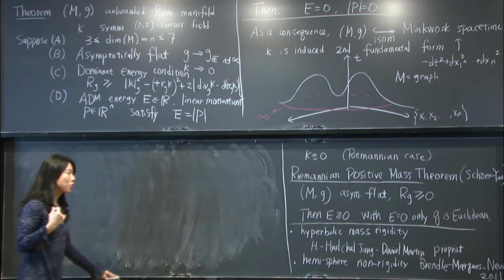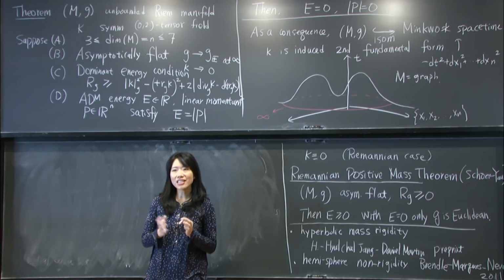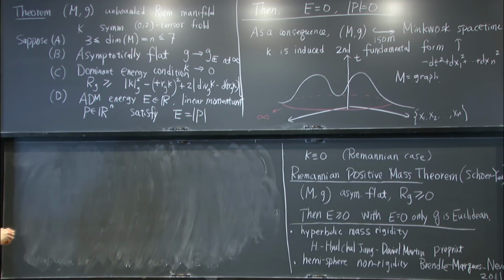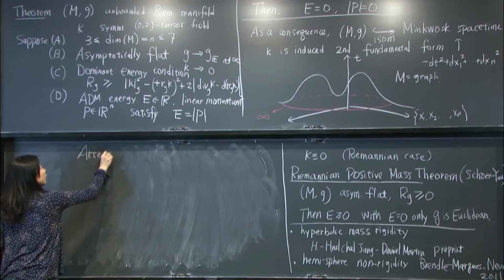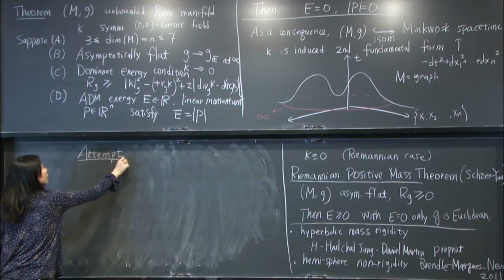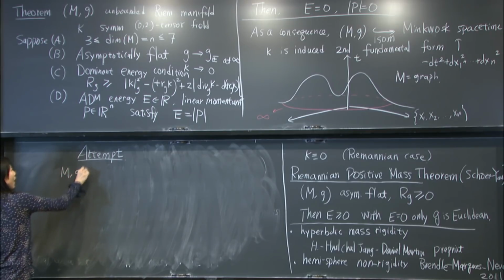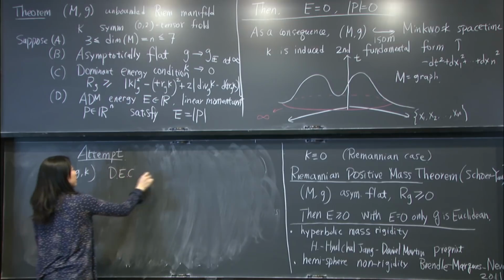So combining this result with the original proof of the Riemannian case, it seems to suggest the following approach to the equality case for the general space-time positive mass theorem. So I will write it as an attempt. We will begin with the one which realizes equality, as well as the dominant energy condition.